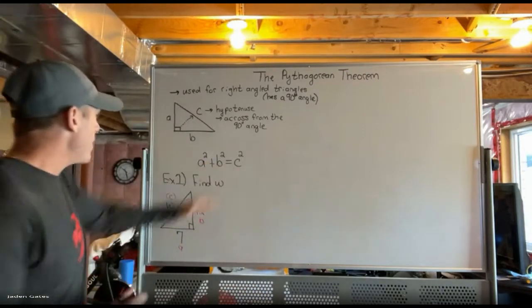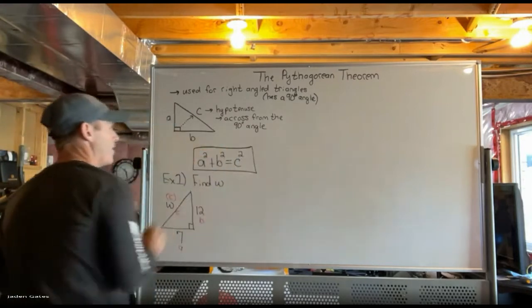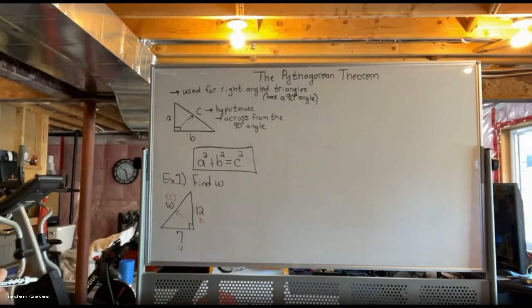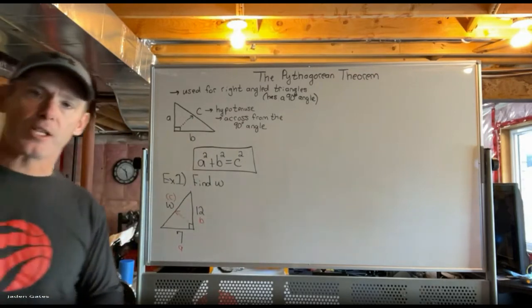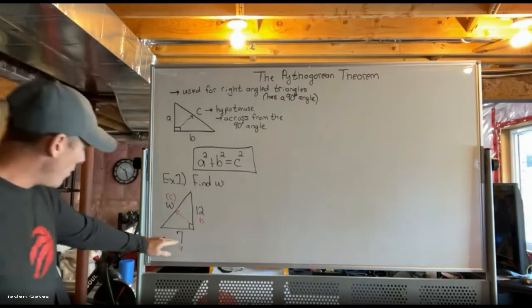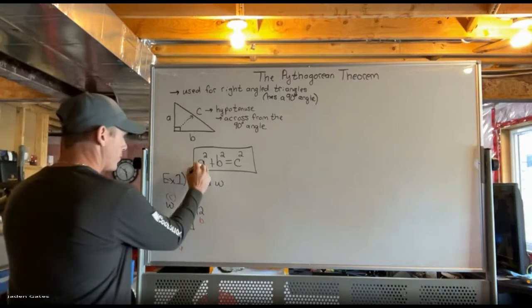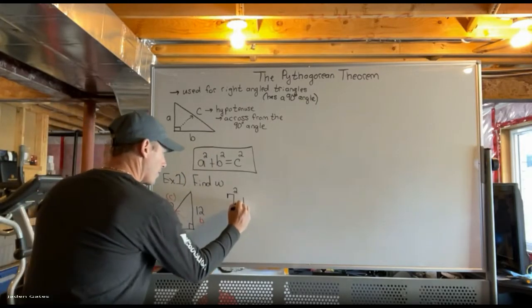All right, so now I'm using my Pythagorean theorem of a squared plus b squared equals c squared. You're going to find out here in the next couple weeks, I always love to label my diagrams. So A is 7, so I don't get mixed up. Instead of a squared, I'm going to write 7 squared.